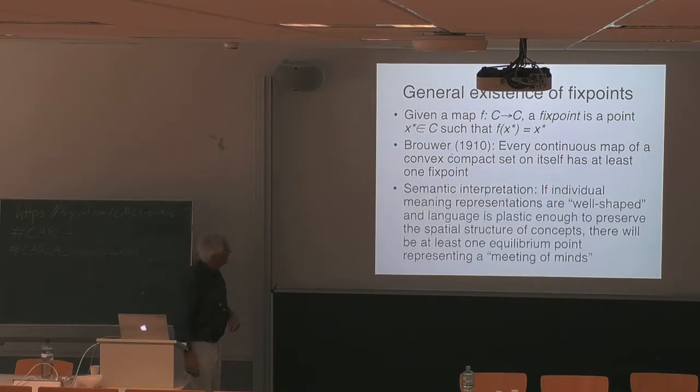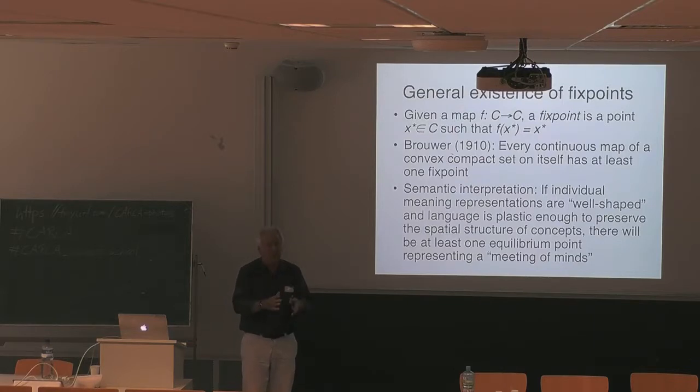The interpretation is that if individual meanings are well shaped, that means convex and compact, and if language is plastic enough to preserve the spatial structure of concepts, so that similar things fall under the same concept, there will exist a meeting of minds. This is what Brouwer's fixed-point theorem says. We can solve this problem of coordinating our minds.